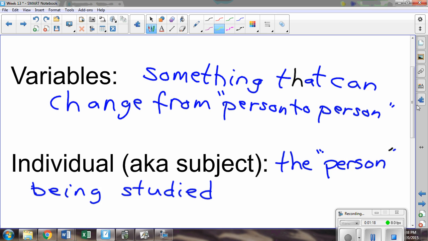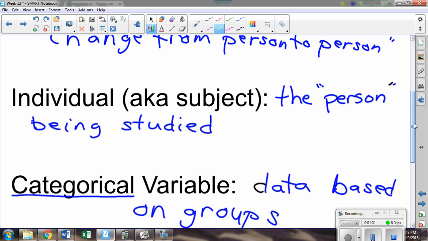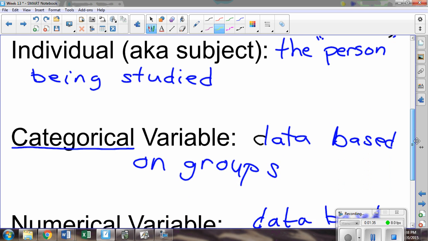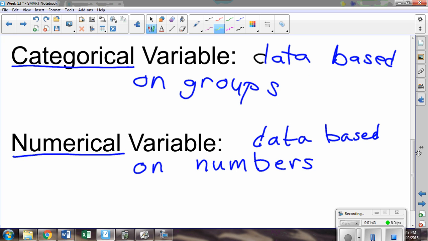It could be car to car, dog to dog, human to human, anything that can change from object to object. We know the individual is the person, the dog, the car, whatever we're studying. Categorical, we mentioned, are groups. So categorical variables are data based on groups. Numerical means numbers, so we had data based on numbers. And we'll pick up from here, continuing to take our notes.